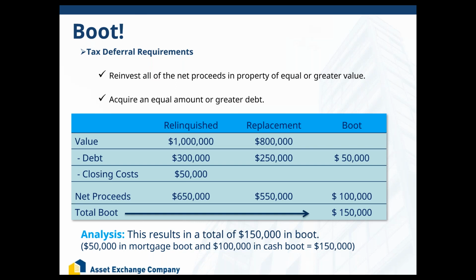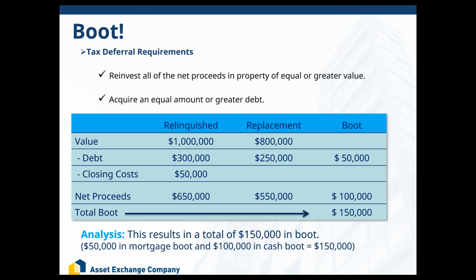Now, typically, the tax that you pay on the boot is going to be significantly less than if you just sell the property outright and don't do a 1031 exchange. If anybody ever wants to do anything like this, always tell them, talk to your CPA, because you really need to know your numbers.